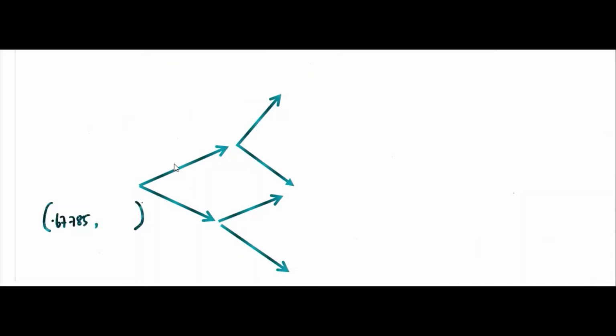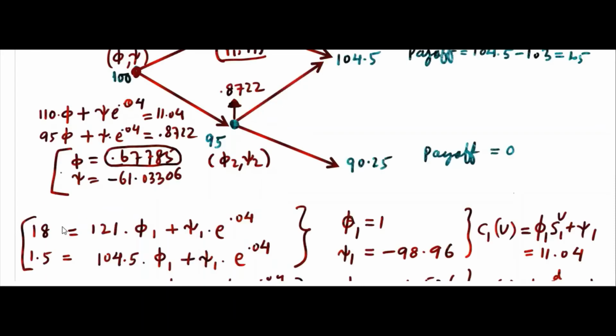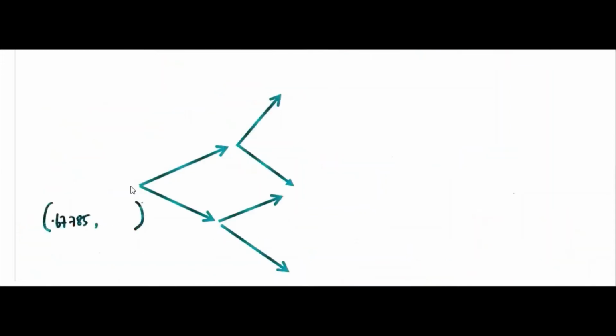I say this much because this is in continuous quantity. Now these many shares and this much cash I have, 61.03306.